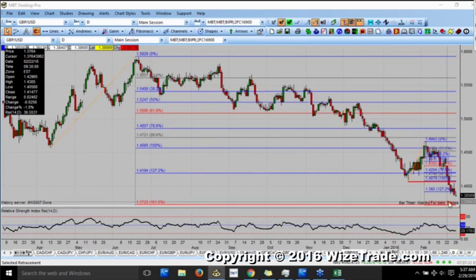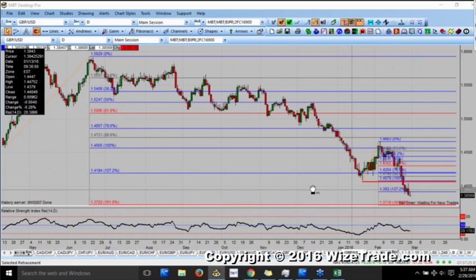That comes in at 137.20. I still think that that's doable, and I think that we're going to get down there. Now, as I told you last week, if we get down to 137 and change, I am looking for a bounce. So, you know, we should get down there.